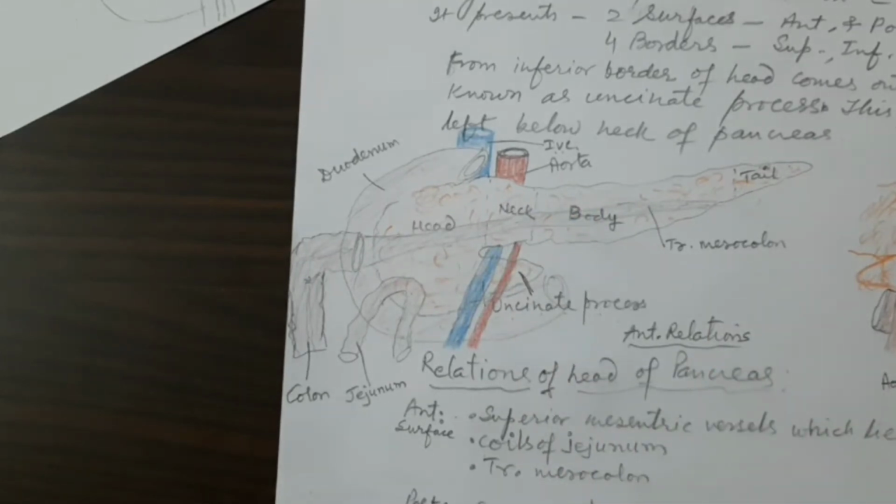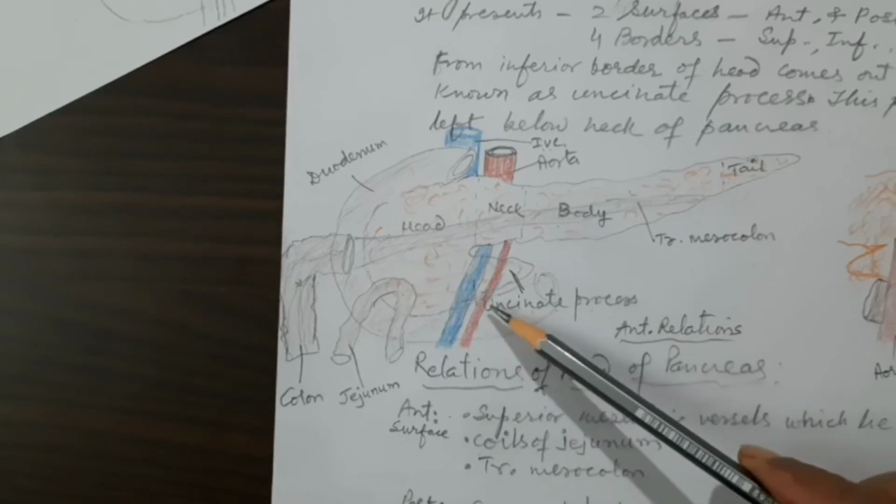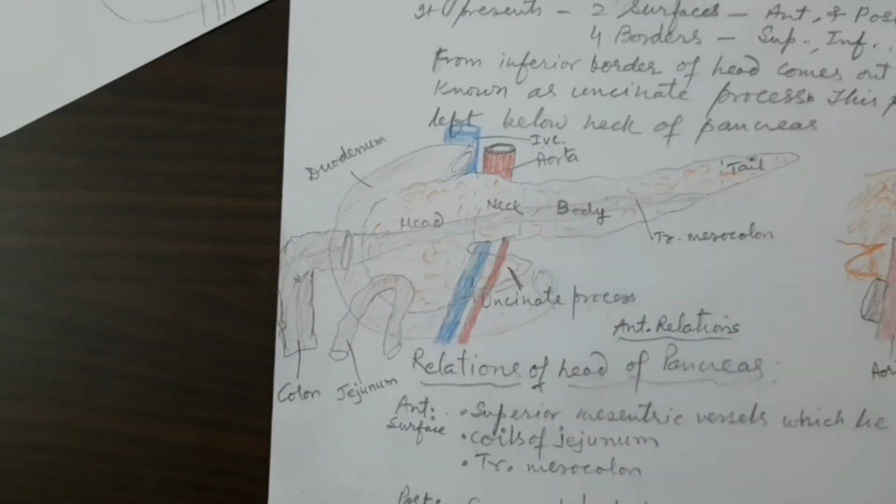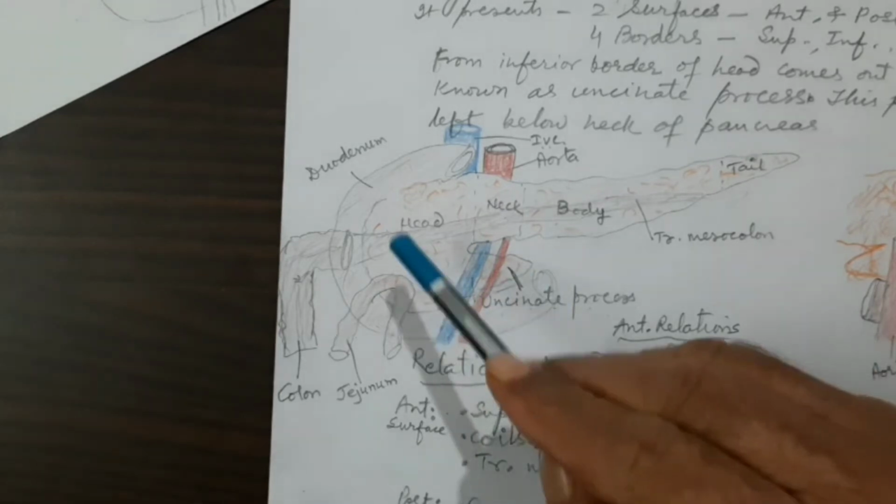The superior mesenteric vein will form the portal vein when it unites with the splenic vein, while the superior mesenteric artery will take origin from the anterior aspect of the aorta. So this is the head.